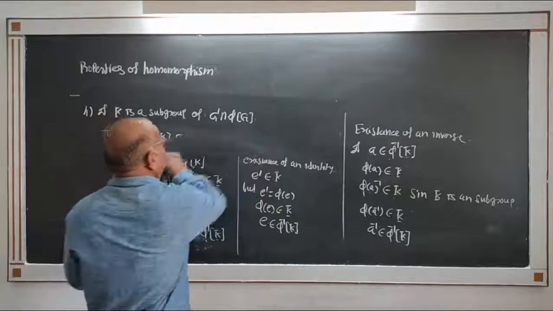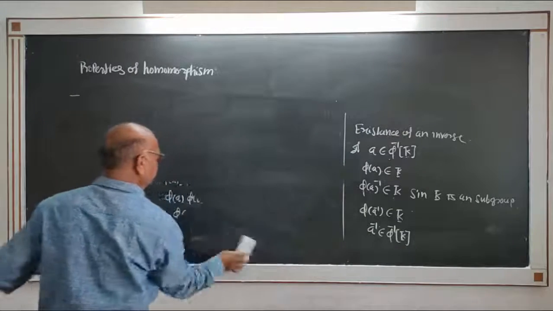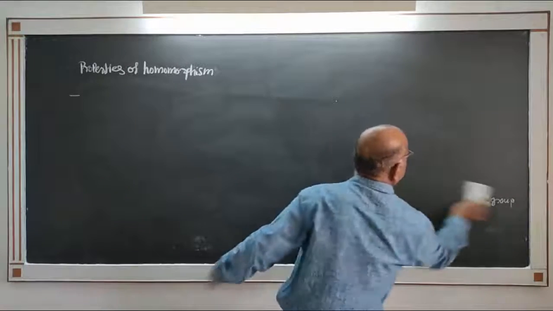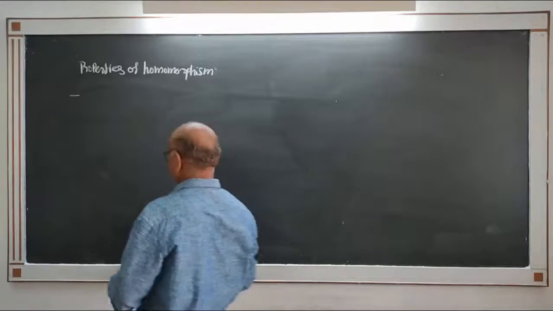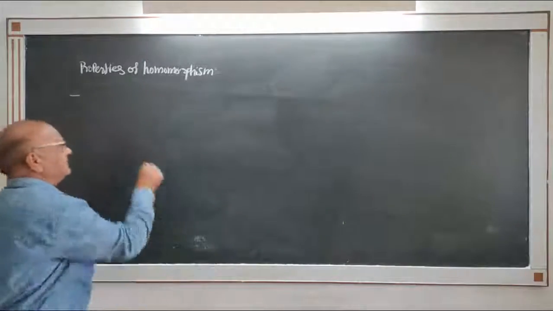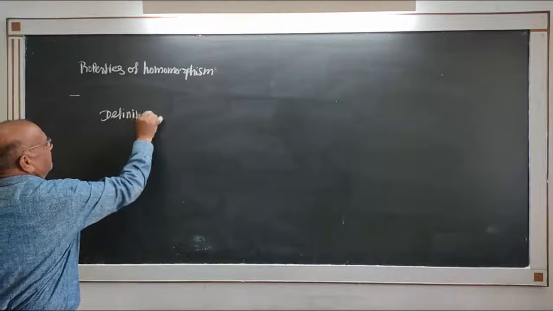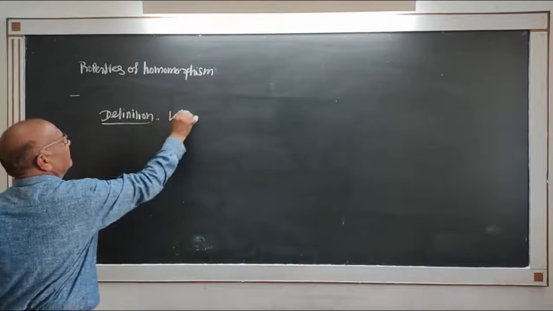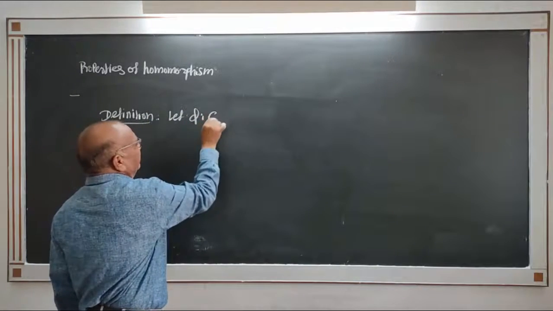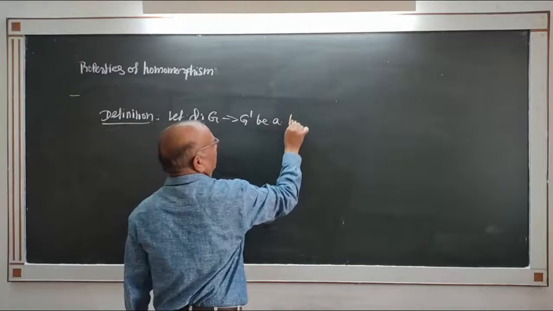Now one definition. Let phi be a mapping from G to G' which is a homomorphism.